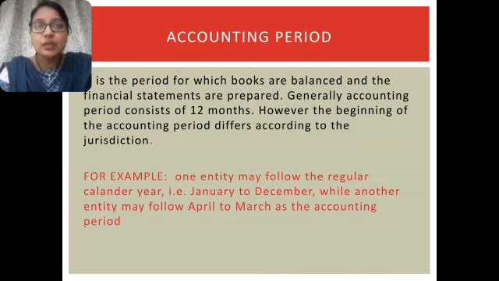Generally, the accounting period consists of 12 months. However, the beginning of the accounting period may differ from firm to firm. For example, one entity may follow the regular calendar year, that is January to December, while another organization may follow April to March as the accounting period.